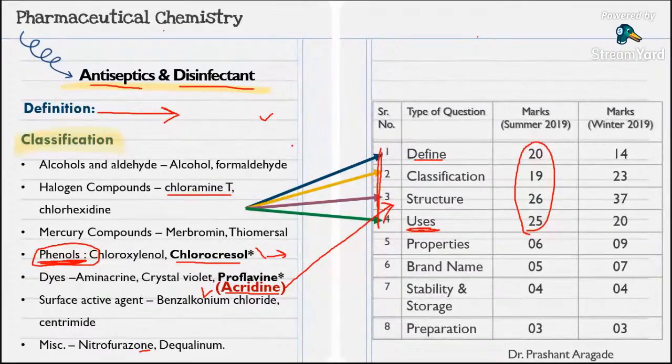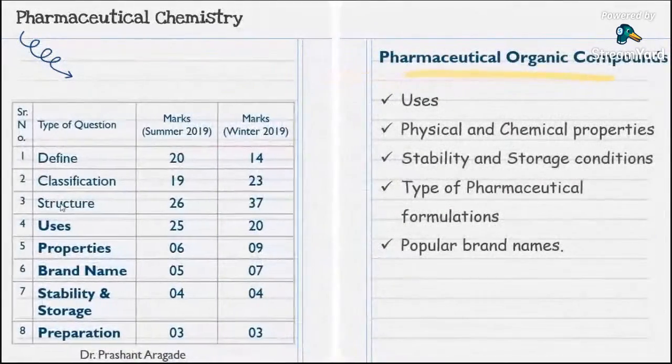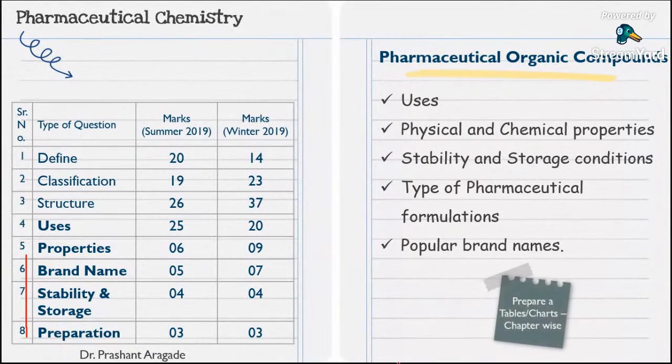Okay. So the next thing is the remaining from 5th to 8th, that is properties, brand name, stability and storage, and preparations. So here I will give you one tip, that is a smart way to study. You have to prepare tables or charts chapter wise.